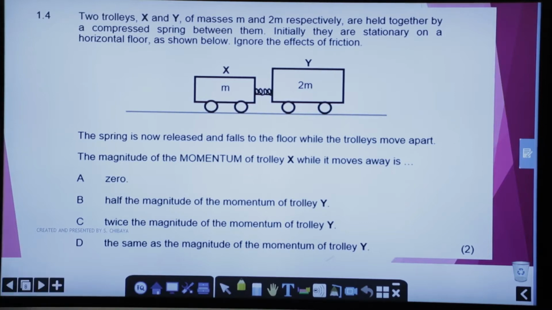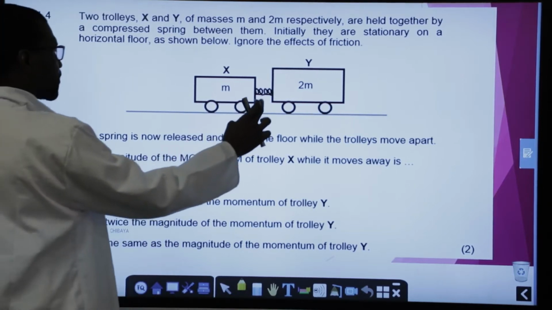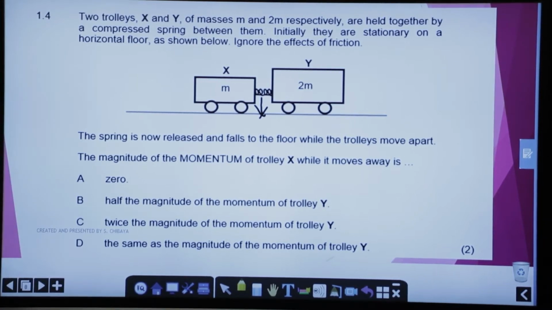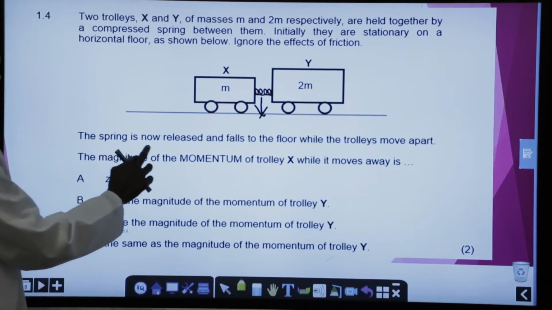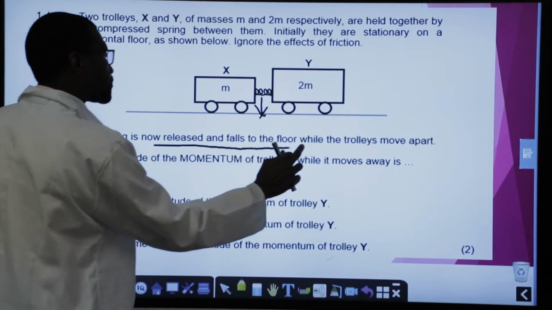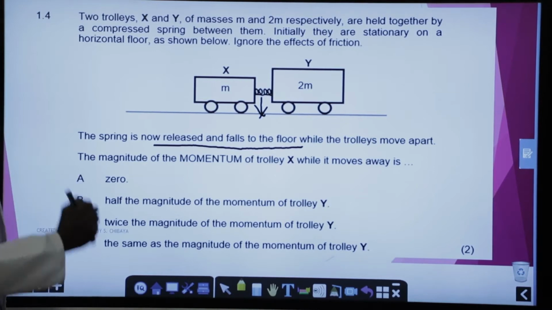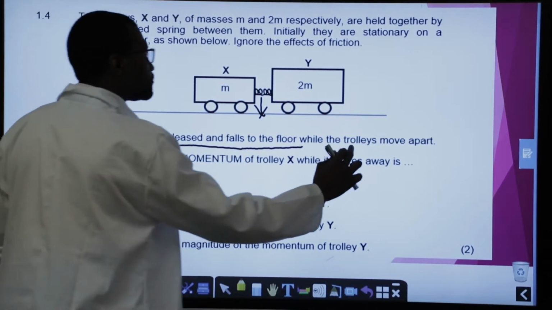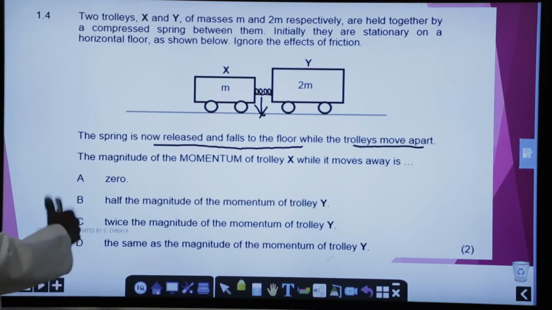I think you must be familiar with this question. We've done a question like this before. Now, the spring is released and it falls to the ground, while the trolleys move apart from each other.